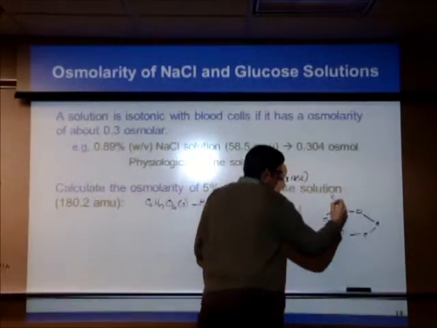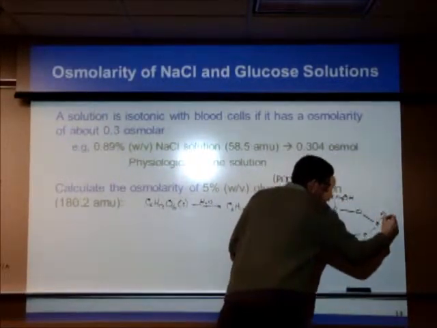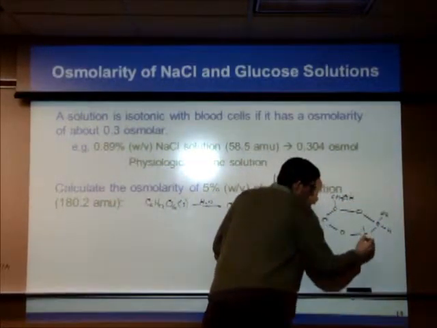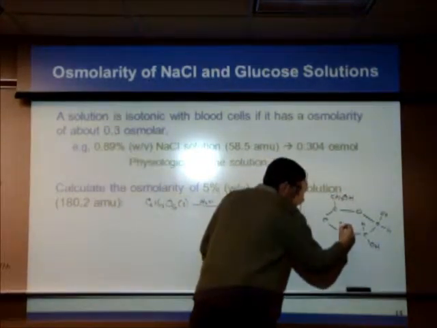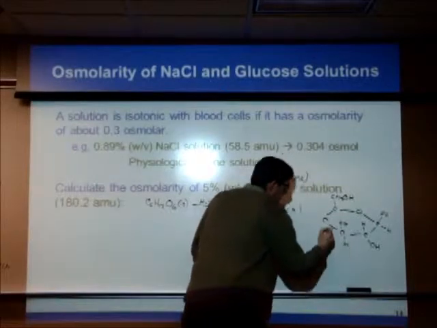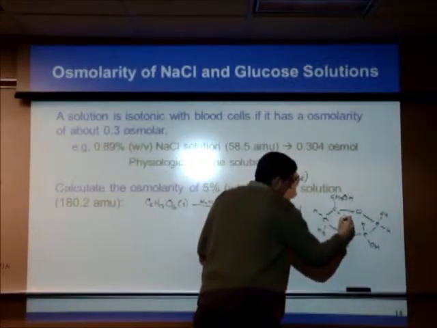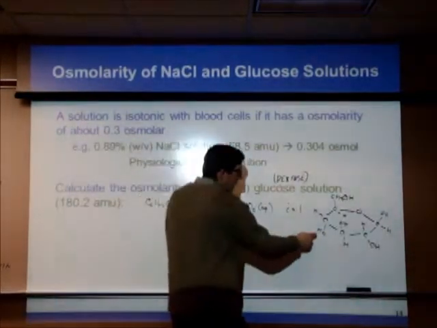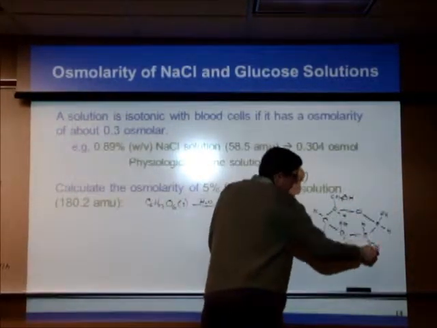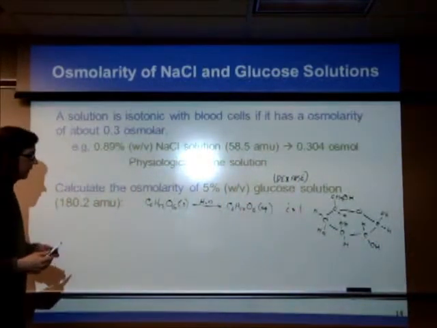It's a hexose, meaning a 6-carbon sugar. So that's what glucose looks like. And you can see all of the hydroxyl groups that are on here. All of those can form hydrogen bonds. That's why it dissolves readily.